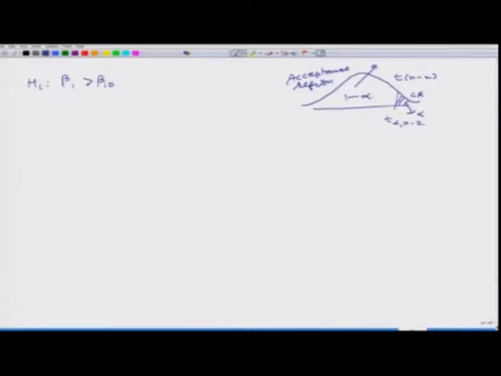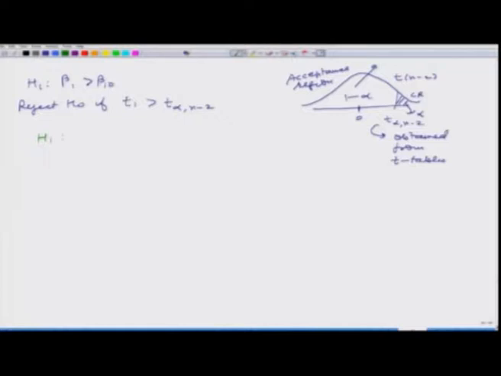This value t_alpha,n-2 is obtained from the t tables. So in this case I would say reject H0 if T1 is greater than t_alpha,n-2.